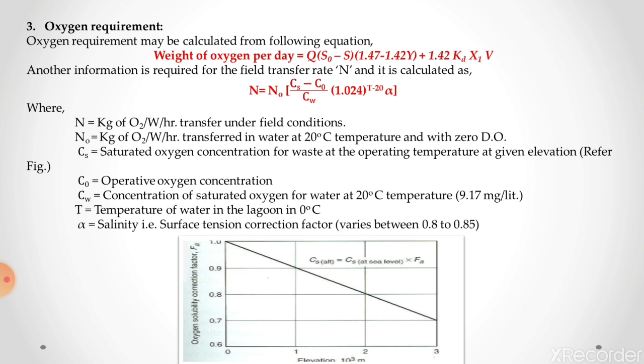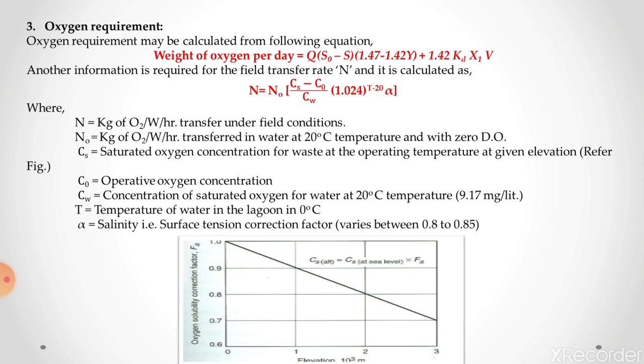where N is kg of oxygen per kW per hour transferred under the field condition, whereas N0 is the kg of O2 per kW per hour transferred in the water at 20 degrees centigrade temperature and with 0 DO. Cs is the saturated oxygen concentration for waste at the operating temperature at given elevation, whereas C0 is the operative oxygen concentration.